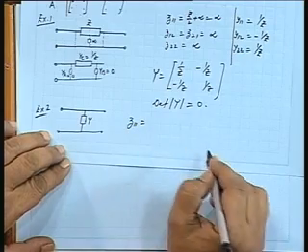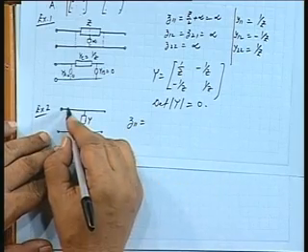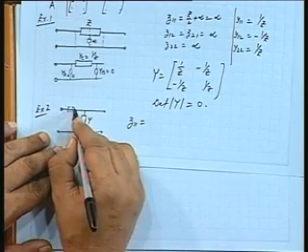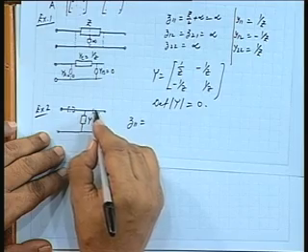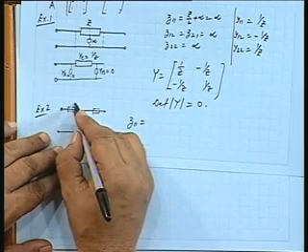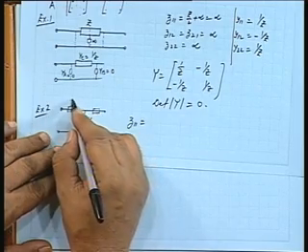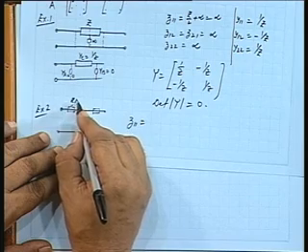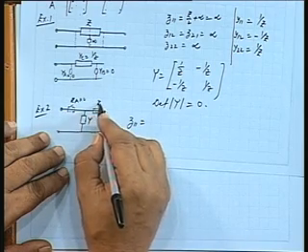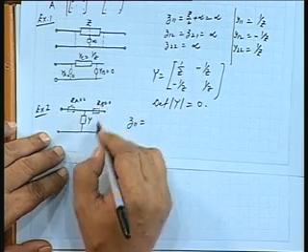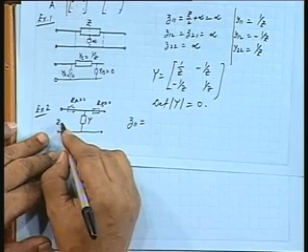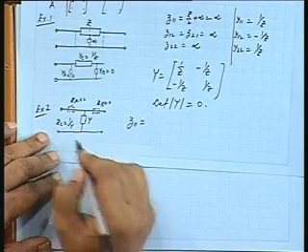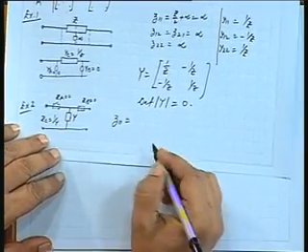Z11 is how much? I can once again put a fictitious element here whose impedance is 0. So ZA is 0, ZB is 0 and ZC is 1 by Y. So how much is Z11?